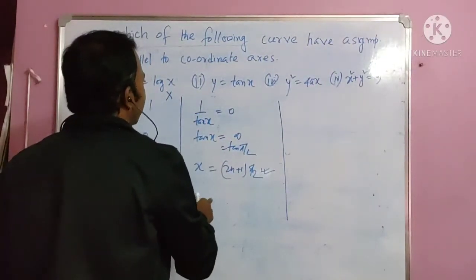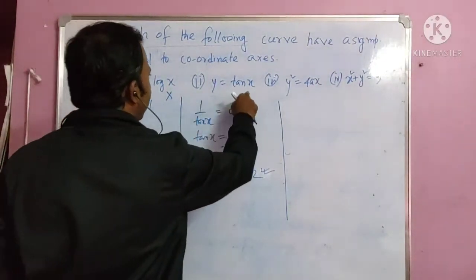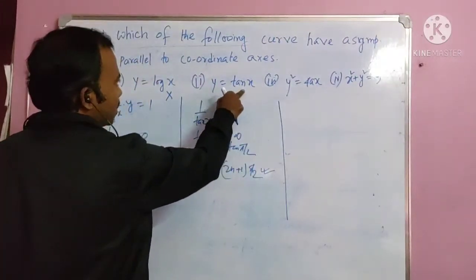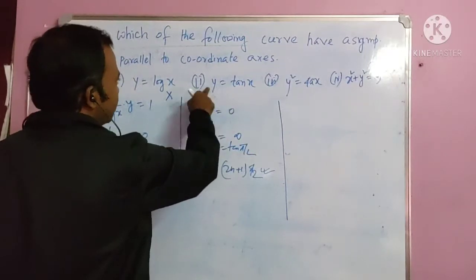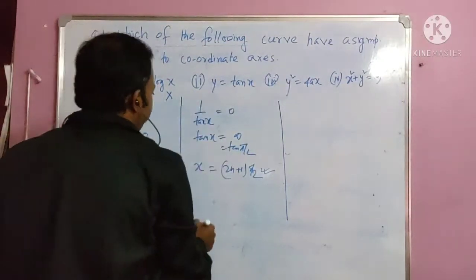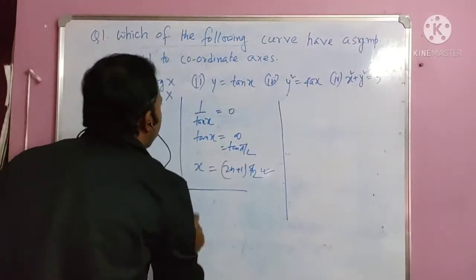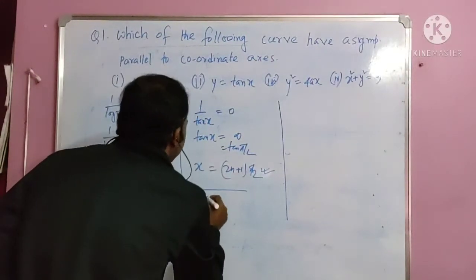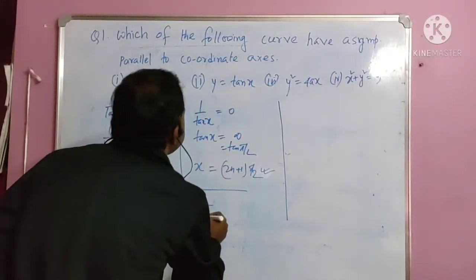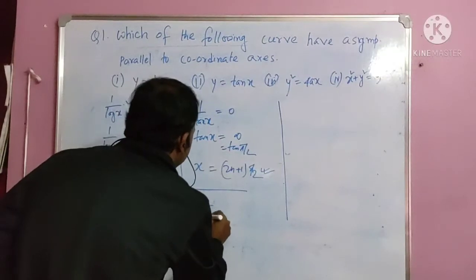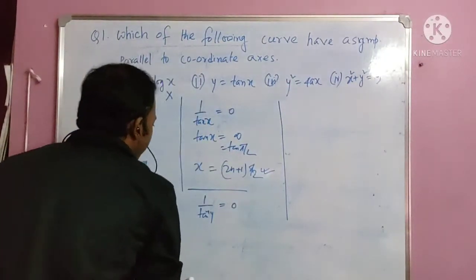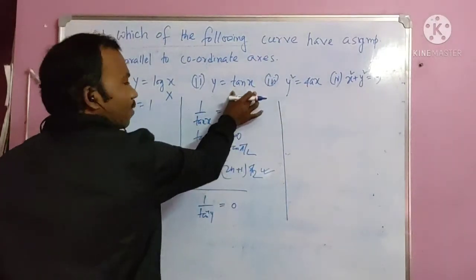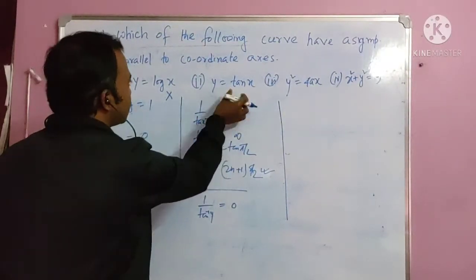Likewise, you can figure out the coefficient of x also. How will you get the coefficient of x? It will be like this way: tan inverse y into x. The coefficient of x will come, and another one will be 1 by tan inverse y equals 0.